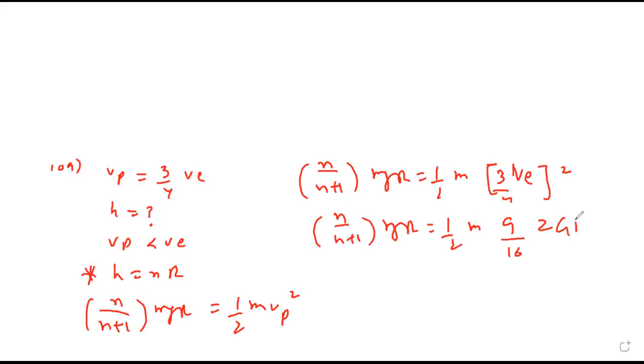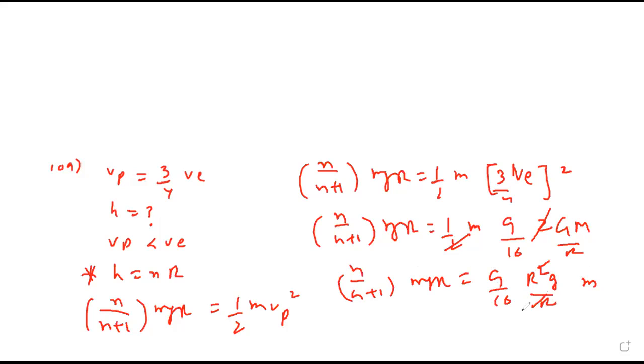This is 2 times GM by R. Okay, 2 cancels. So n upon n plus 1 mgR is 9 by 16 R squared g upon R into this small m. R cancels.